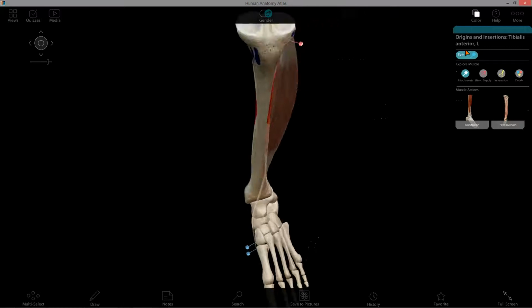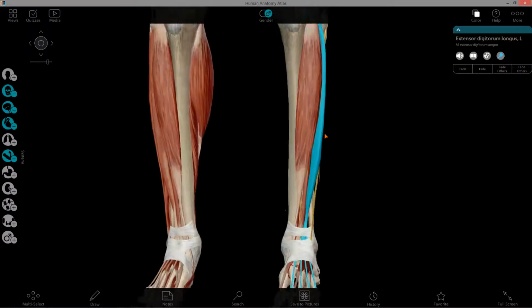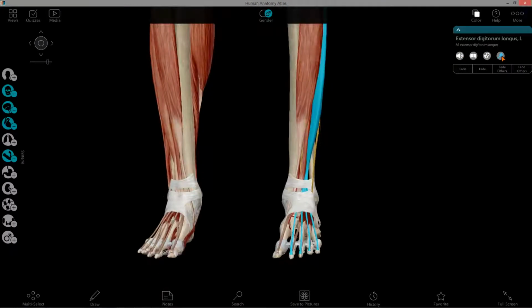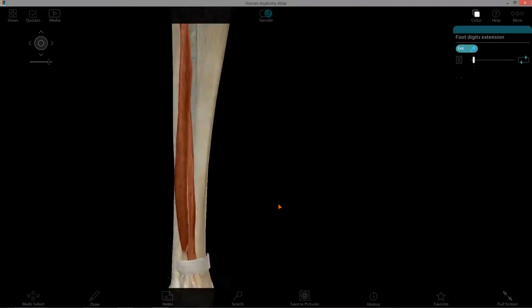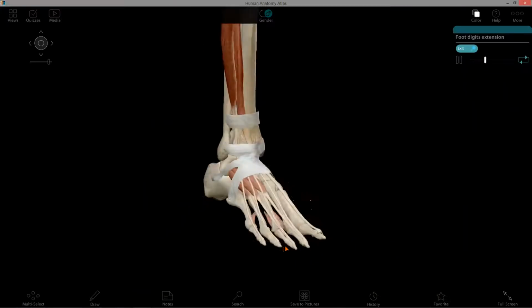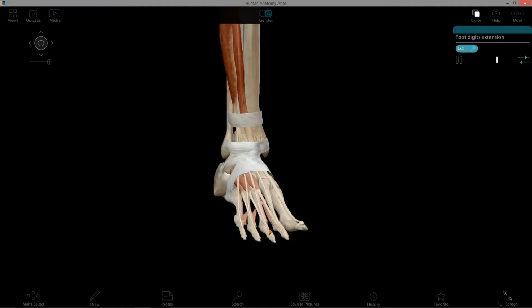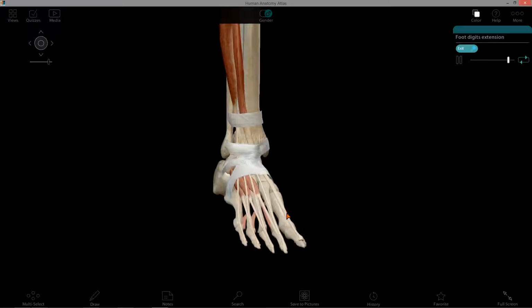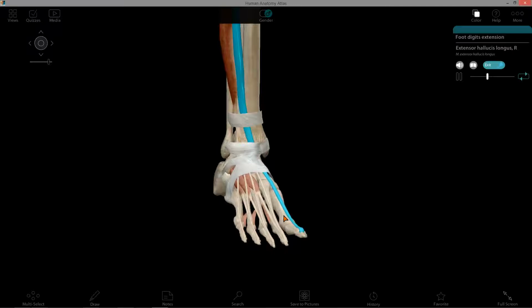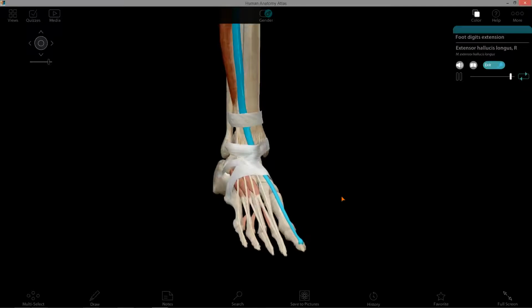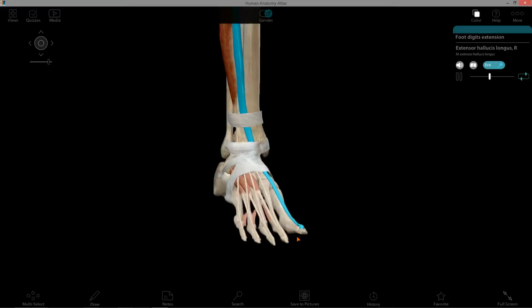So I'll exit out of that, and then the last thing I wanted to show you is extension. So in this case, extension of the toes. So basically we have two muscles that aid in extension of the toes. We have the extensor hallucis longus. Anytime you see hallucis or hallux, that is going to be pertaining to the big toe, so to speak.